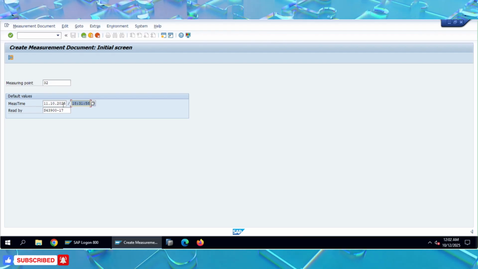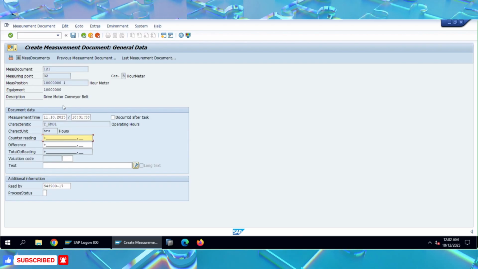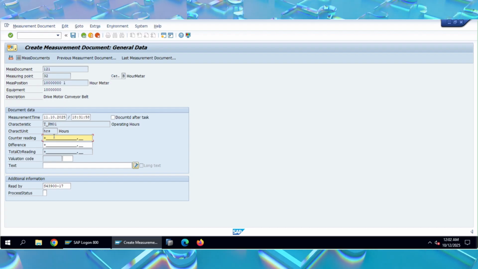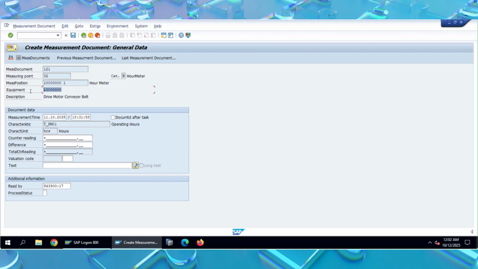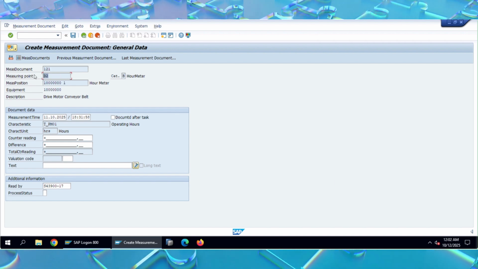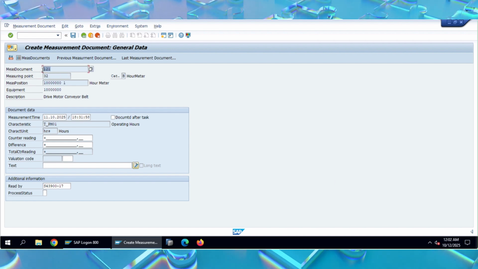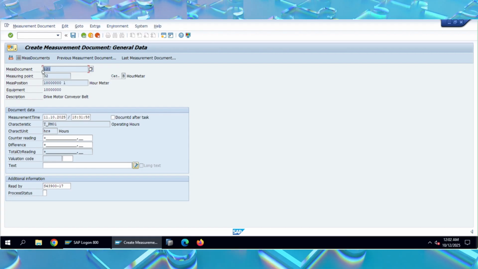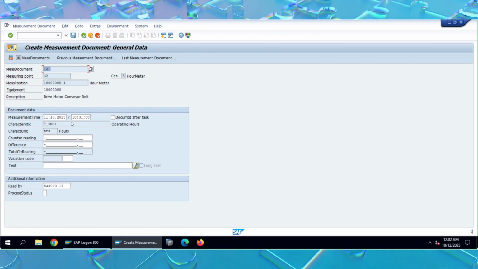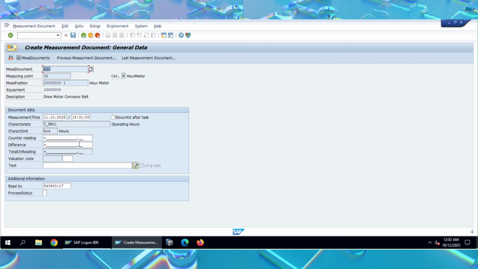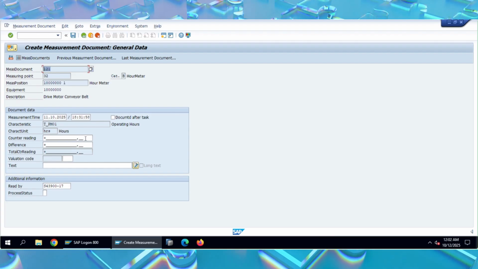Then press enter, and you can see that the equipment number is this one, the measuring point is this one, and this is your measurement document number, which will be generated once you save this measurement document. And here you can see the counter reading.